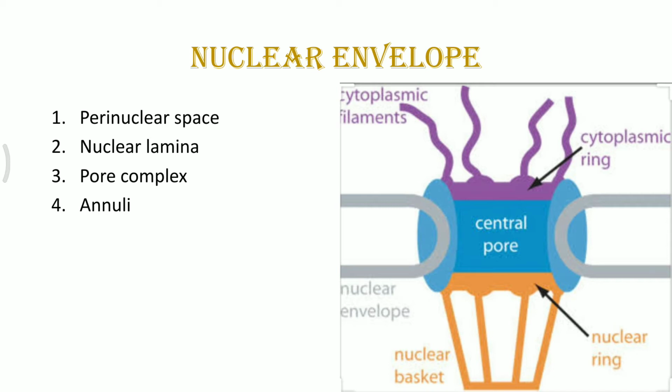Now the inner membrane is free of ribosomes and is smooth, but has a dense layer of nuclear lamina which is closely associated with the inner surface. The nuclear lamina is a network of protein fibers which support and form the inner membrane.